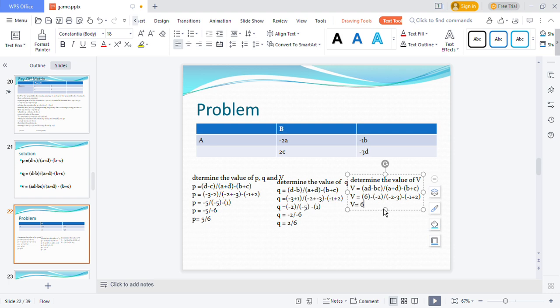So 6 minus -2, so it will be 6 plus 2, divided by -2 minus 3, that's -5, minus, I close the bracket, I still have them in bracket, minus, open the bracket, 1, close the bracket.